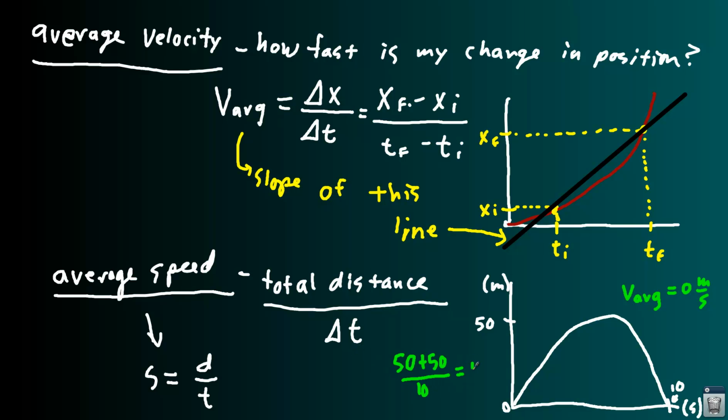So 100 divided by 10 is 10 meters per second. And that's your average speed.